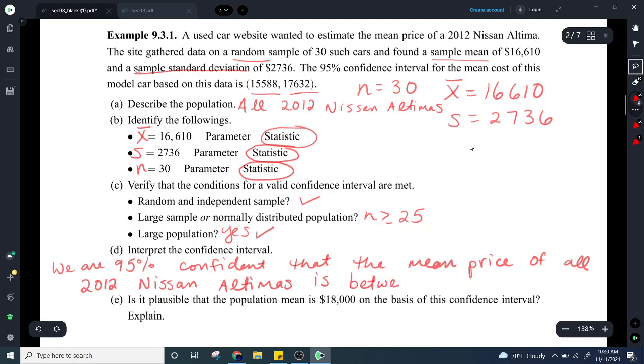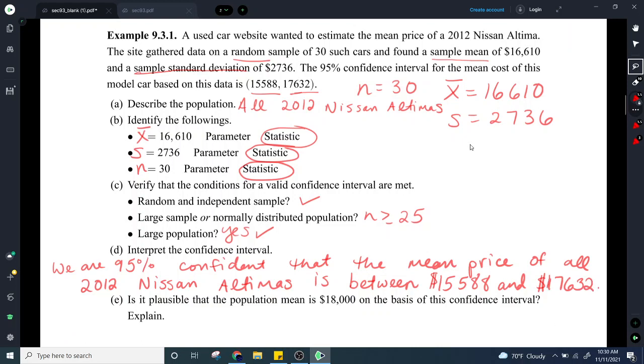We don't know exactly what it is, but we think it's between 15,588 and 17,632. So we think the mean price for all Nissan Altimas is somewhere between those two numbers.